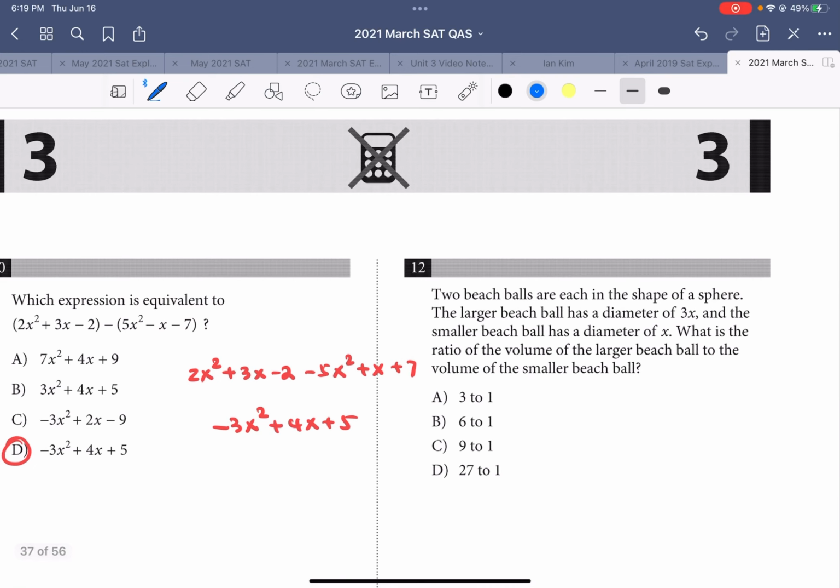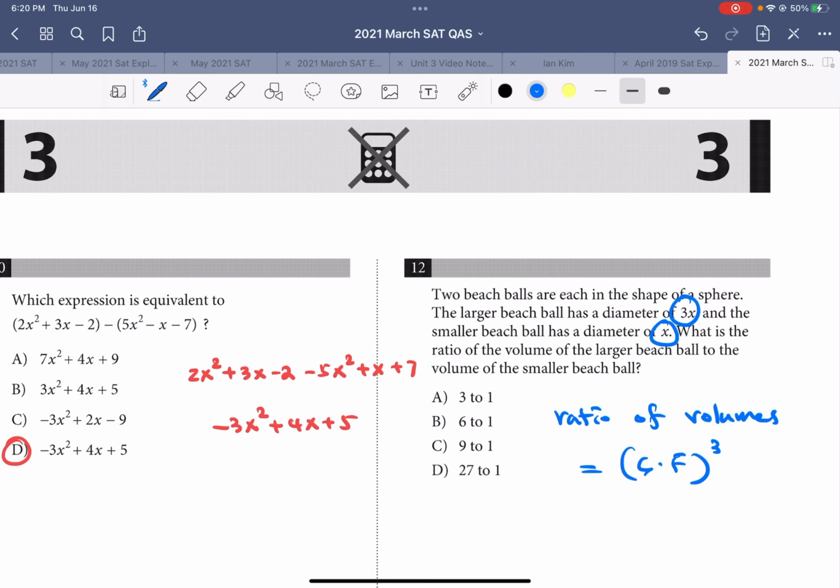Number 12, two beach balls are each in the shape of a sphere. The larger beach ball has diameter 3x. The smaller beach ball has diameter x. What is the ratio of the volume of the large beach ball to the volume of the smaller beach ball? Then, the ratio of the volume is the scale factor cubed, okay?